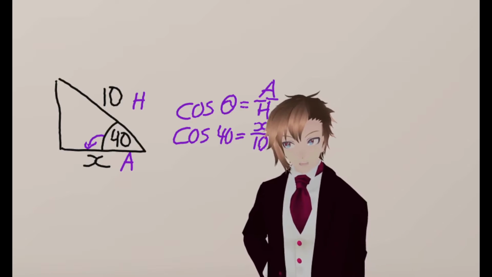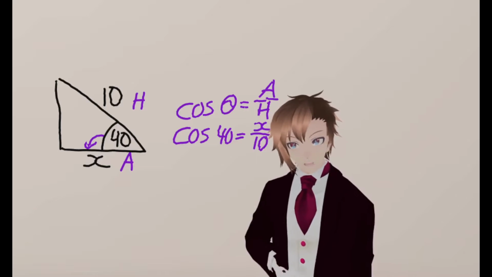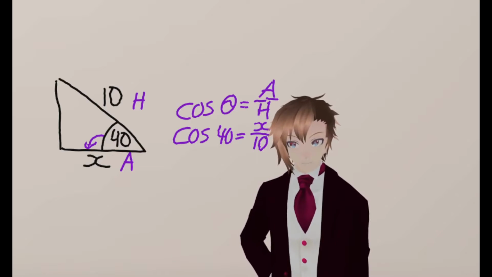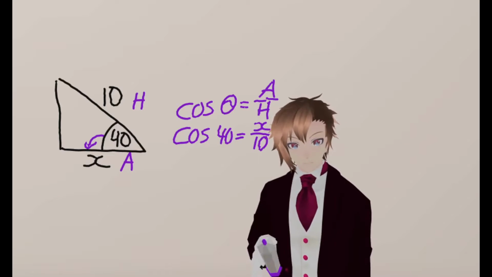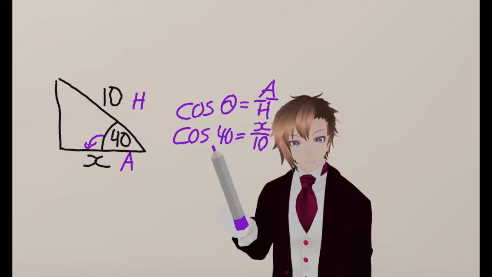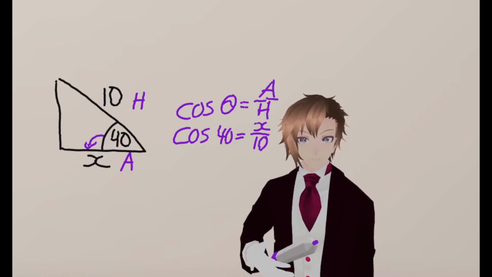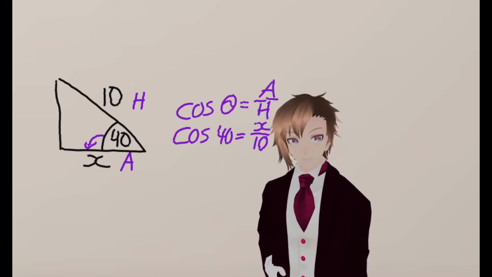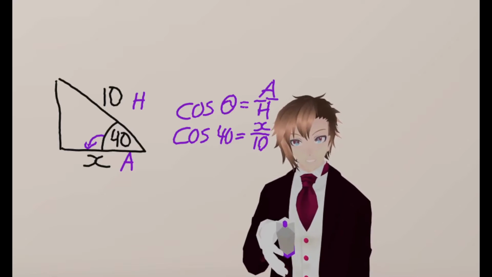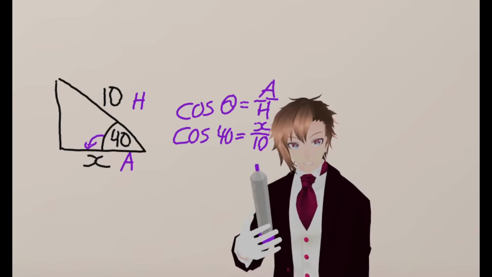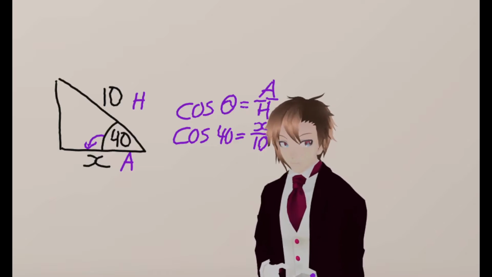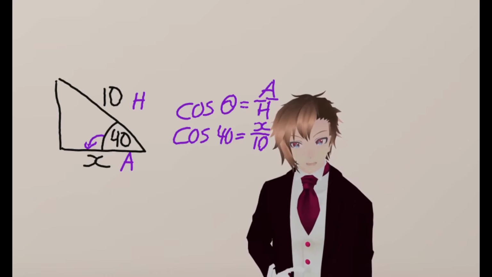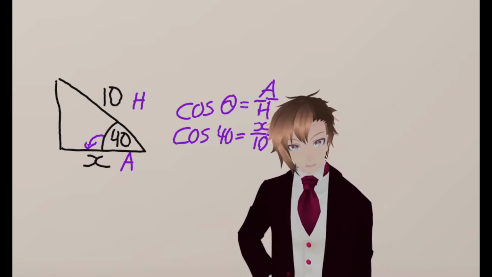On your scientific calculator, if you have a look, you'll notice there's 3 buttons around the middle: sine, cos, and tan. To input cos 40 into your calculator, you would push cos, and you would see cos come on the screen. Then you just push 40, and that will put cos 40, and then we close the bracket.